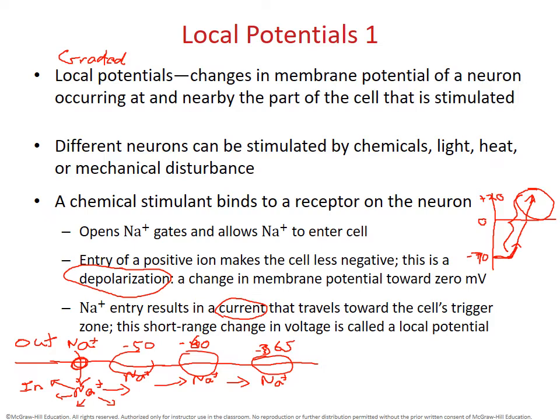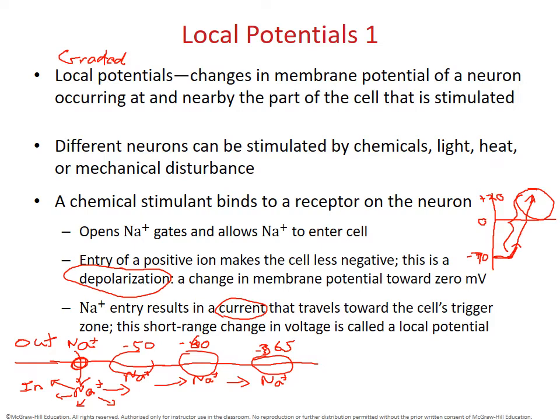Okay? Now, why did I have to fix that? What's the point I'm trying to make here? The point I'm trying to make with these numbers is to appreciate that my initial depolarization that occurs with a graded potential, as the sodium ions spread away, as the current flows, gets weaker as it spreads away from that point at which it originated.